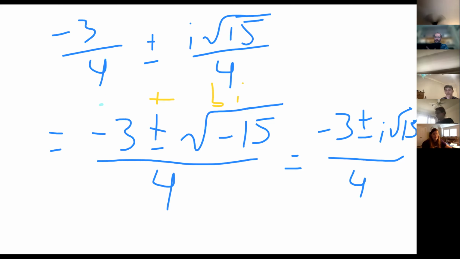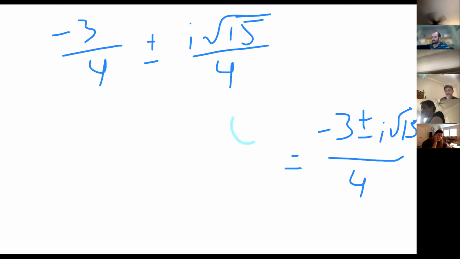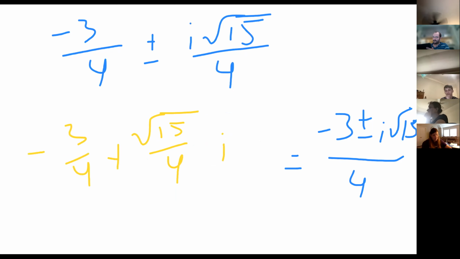When we're talking about imaginary numbers, complex numbers, we like to have the real part first and then the imaginary part second. Do y'all see what I'm talking about? Hopefully. Because there's one that looks like this. And if we really wanted to go full on out, we can maybe say this is this with an i.